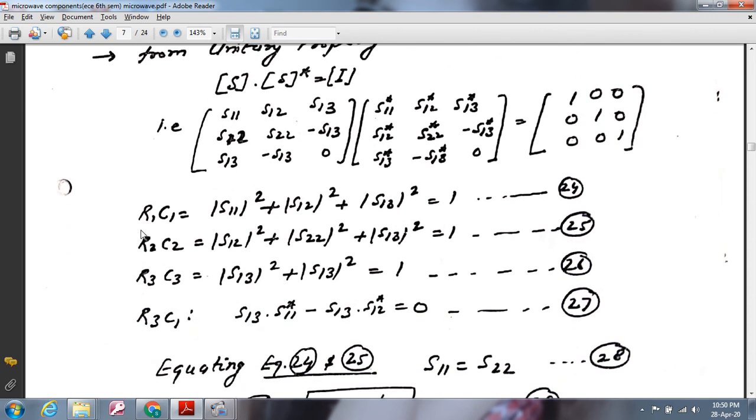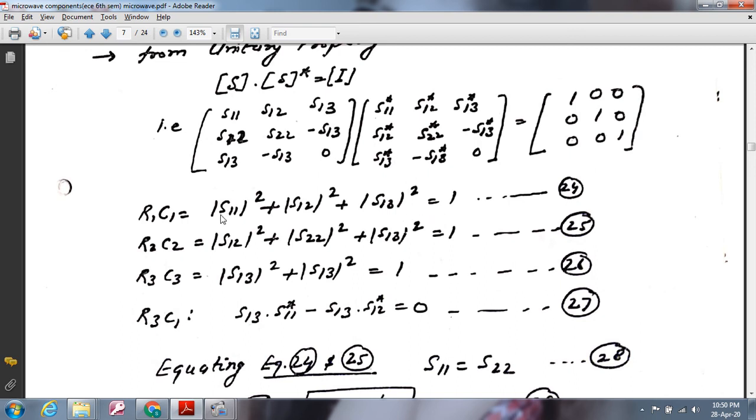Here also we are going to calculate R1C1. Here R1C1 will be S11 square plus S12 square plus S13 square equals 1. Here this is R1 and this is C1. So S11 into S11 star plus S12 into S12 star plus S13 into S13 star will be equal to 1.